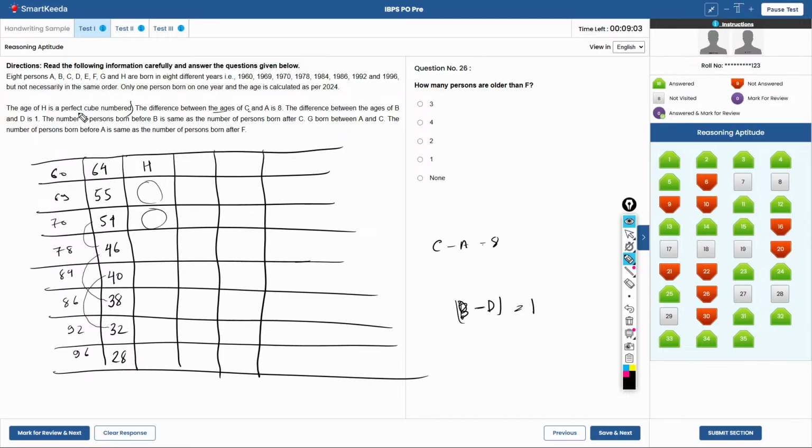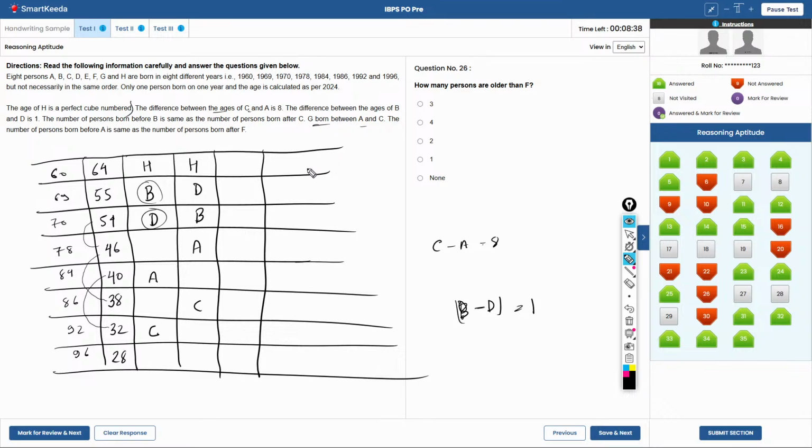G is okay. The number of person born before B is same as person born after C. So I'll just go with this BD, H, DB, B and C same, right? So B and C. Now C here, so A here, or C here, so A here.